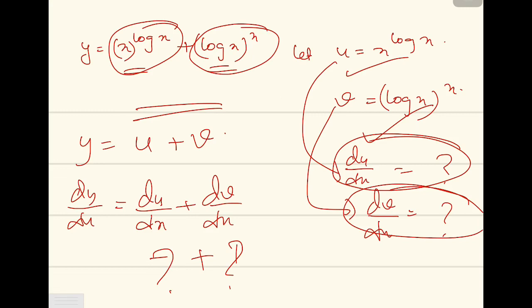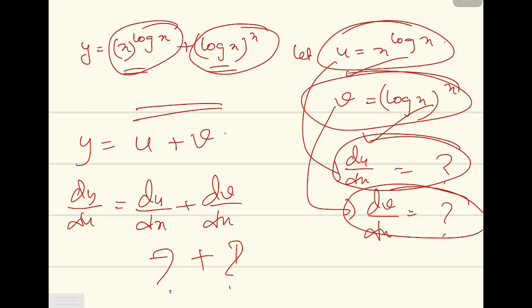So that is when you need it, if you have to do it by taking log without using the formula, the long method. But if I want to do it in a little shortcut method, then I can use the formula. Instead of taking u and v out, instead of differentiating these two separately, I can differentiate them together.